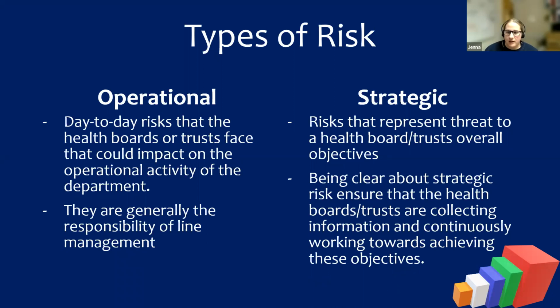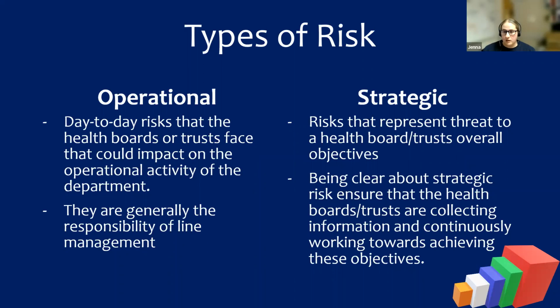So for an example, I work in Cardiff and Vale Health Board, so they've got a collection of strategic objectives. Some of those are to reduce health inequalities, to make sure that they have an unplanned emergency care system that provides the right care in the right place first time, and that we have a balanced care system where demand and capacity are in balance.